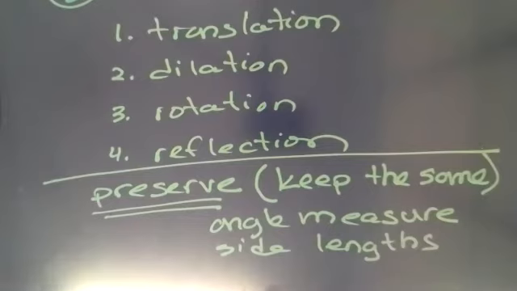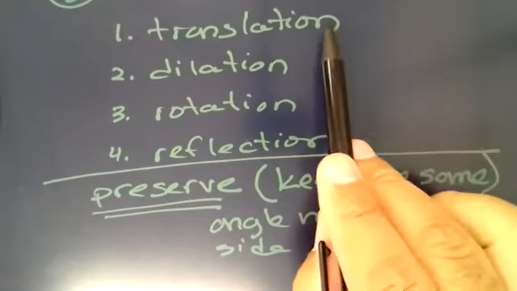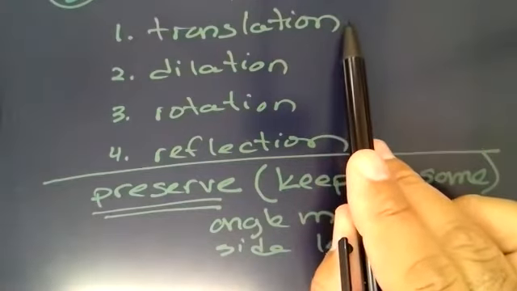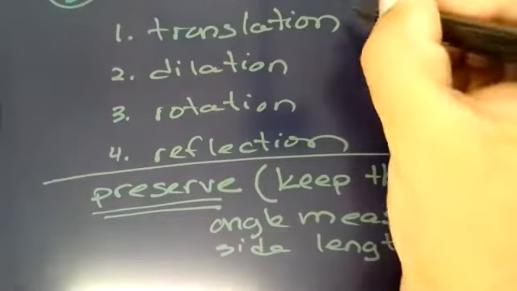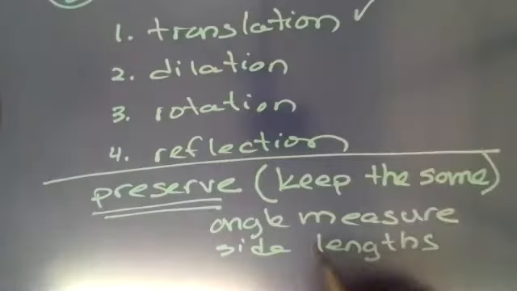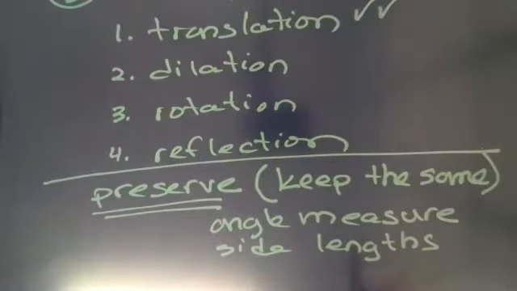Okay? Now, translation is just a movement. Does it preserve angle measure and side lengths? Yes or no? It does. You're right. It preserves angle measure and it also preserves side lengths as well.